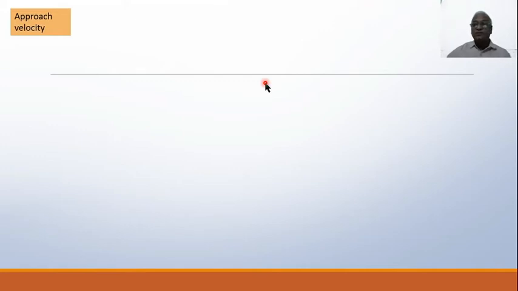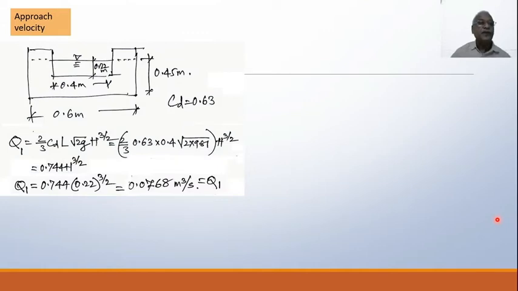Next is the problem of approach velocity. The problem using approach velocity. Again here also the text of the whole problem is not directly given, but the data is mentioned here.